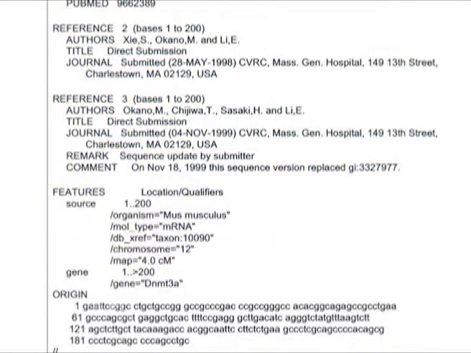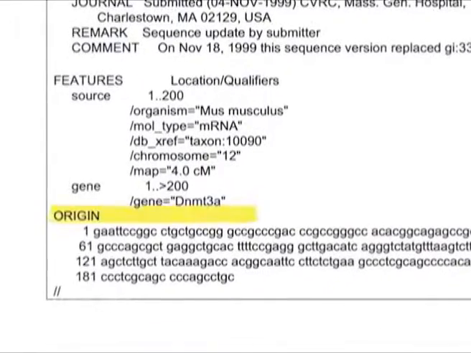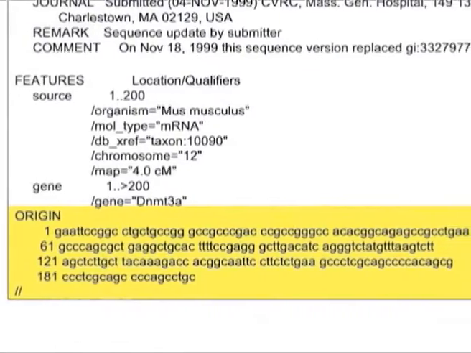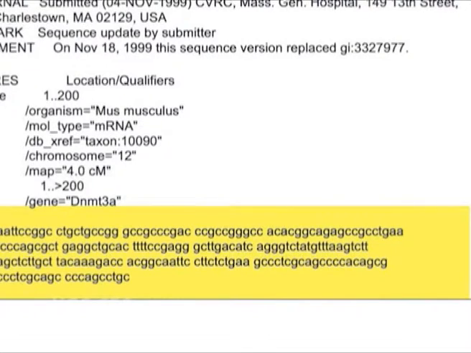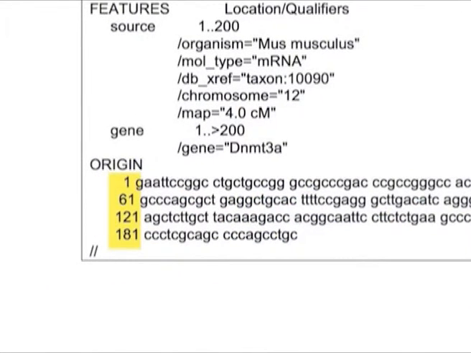The features section includes coding region, exons, introns, promoters, alternate splicing mutation if present, and the translation into protein sequences if it codes for one. Finally, the entry shows the sequence itself. The sequence is typed in lower case and each line is divided into six columns of 10 bases each for simplicity. The number present before the sequence is the numbering of the bases.